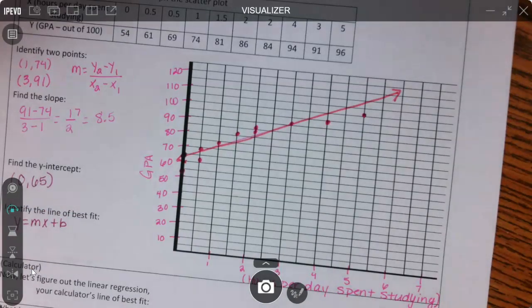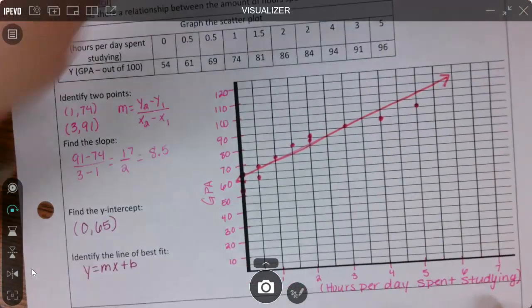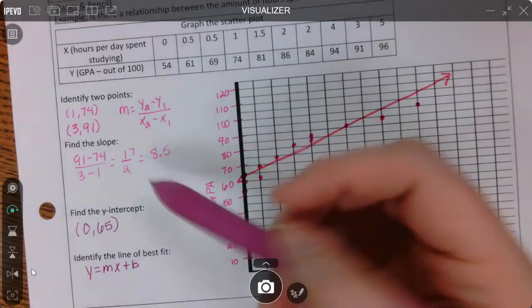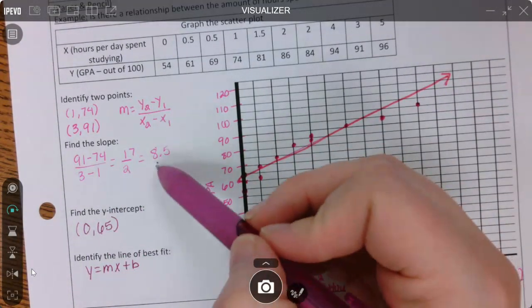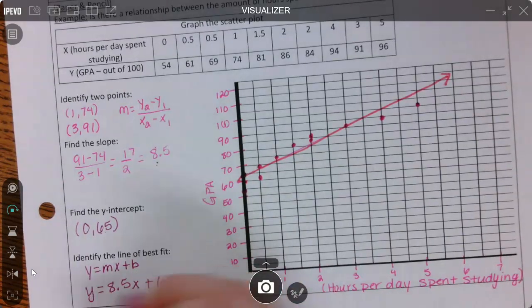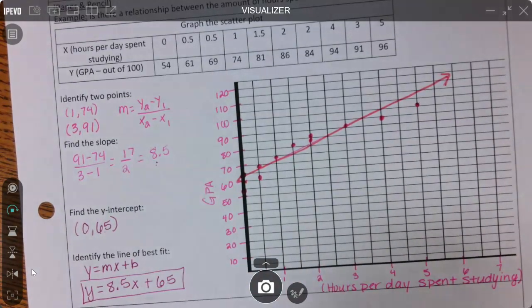We have our slope, we have our y-intercept, so we can write an equation for this line. Our equation is going to be y equals 8.5x plus 65. That is using paper pencil to find the line of best fit.